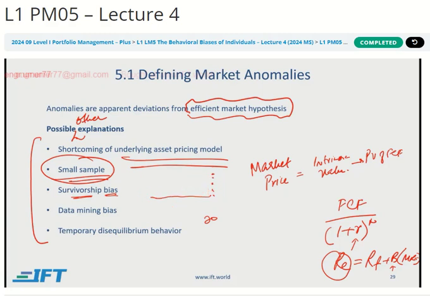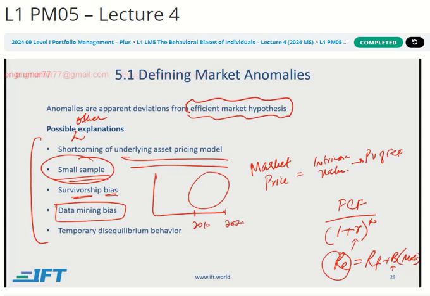And then we have our data mining bias, which again is a sample issue, because let's say you do your analysis from 2010 to 2020, and you're able to find some anomaly in this time. But then if you check it from 2000 to 2010, you find that the anomaly doesn't exist. So it was only in your sample, but when you test it out of sample, it's not there.